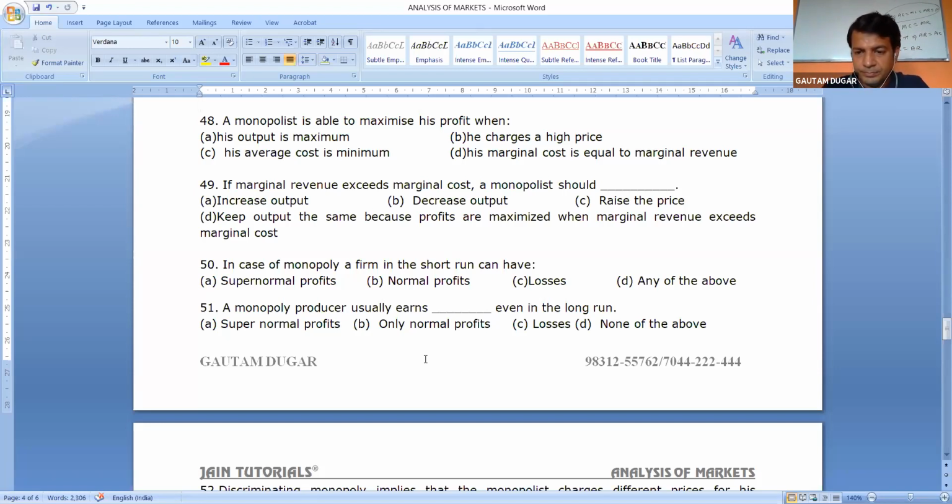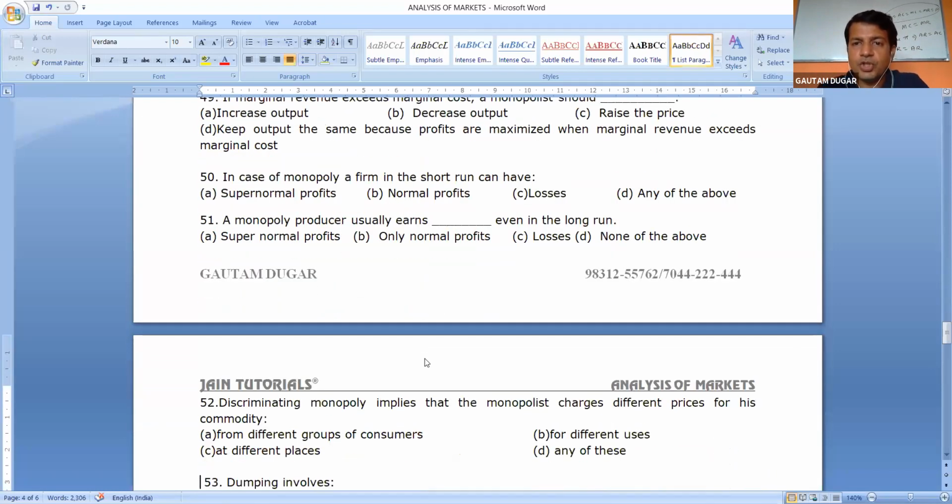50. In case of monopoly, in the short run, the monopoly firm can have... even being a single seller, in the short run they may earn, and almost every time they earn, supernormal profit.